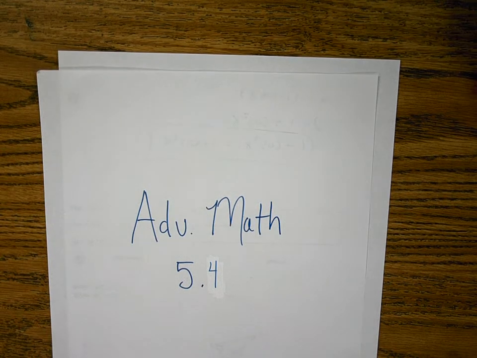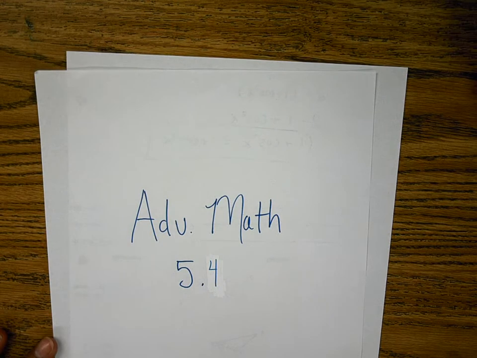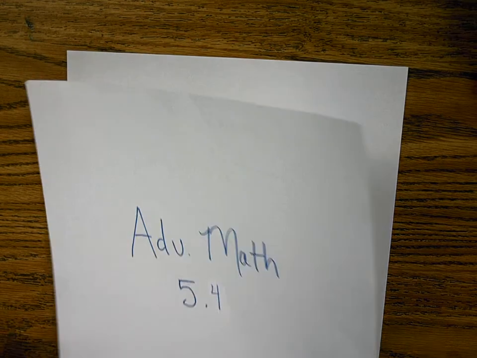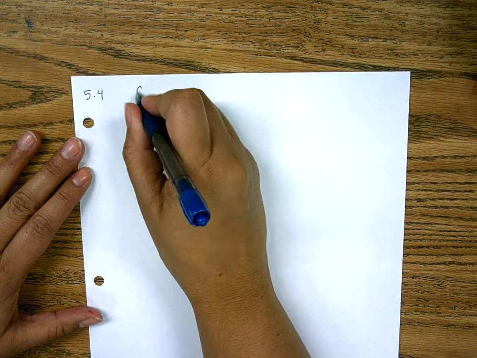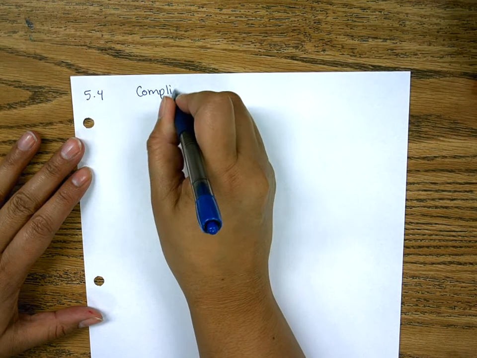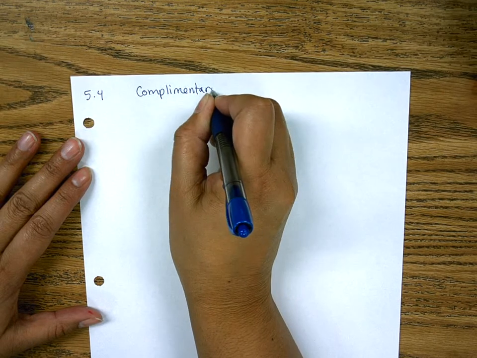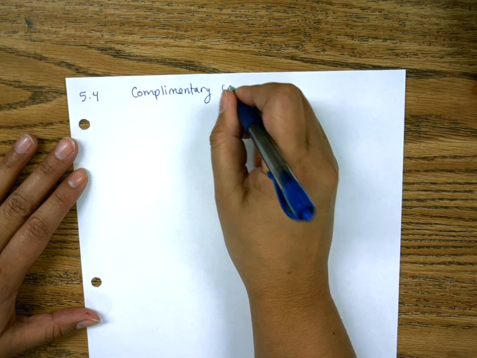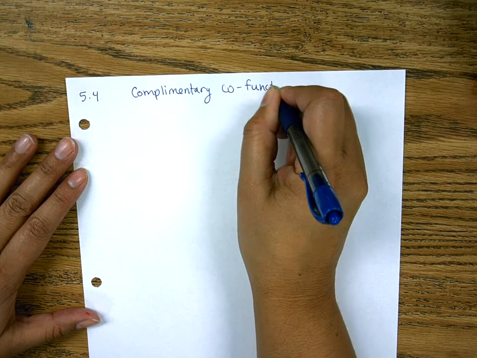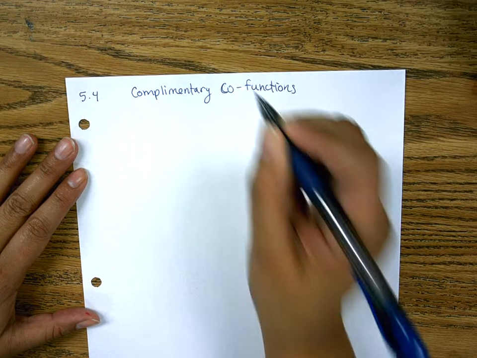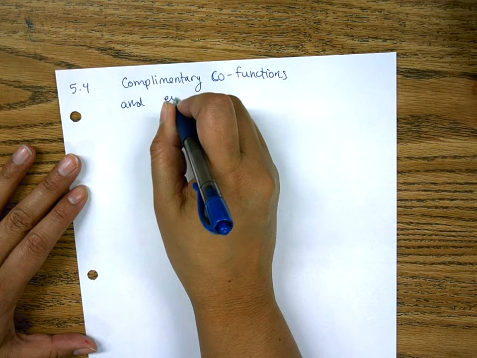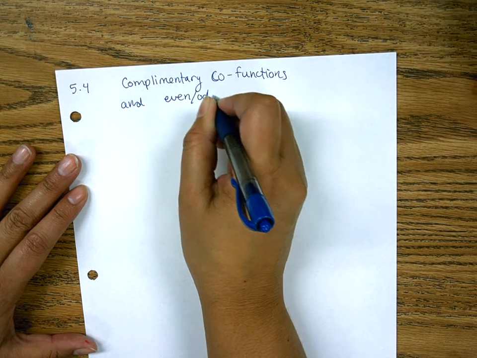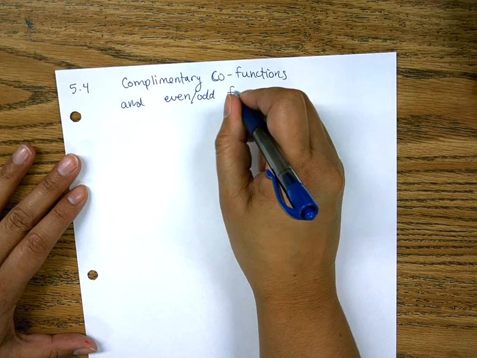This is Advanced Math, Unit 5, Lesson 4. We're going to title this Complementary Cofunctions and even/odd functions.